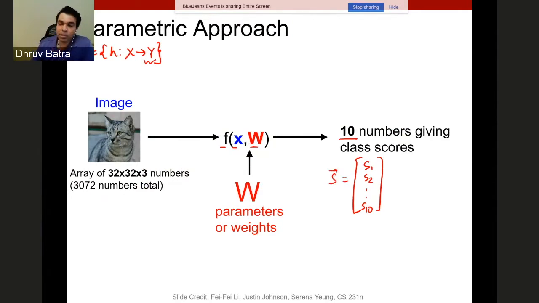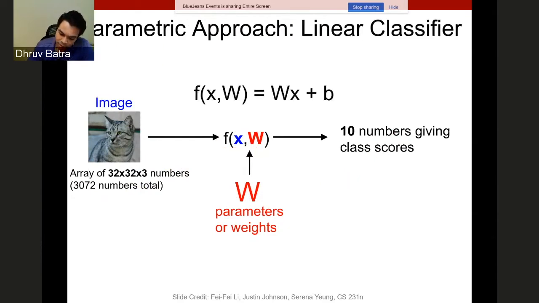The simplest way of defining this mapping is to say that this is a linear mapping. X is my image. I'm going to convert X, which is 32 by 32 by 3, into one long array. The product of these three is 3072, so I'm going to convert this into one long array of size 3072. I'm going to multiply that by a matrix W, and I'm going to add a vector B. And that is a linear classifier.